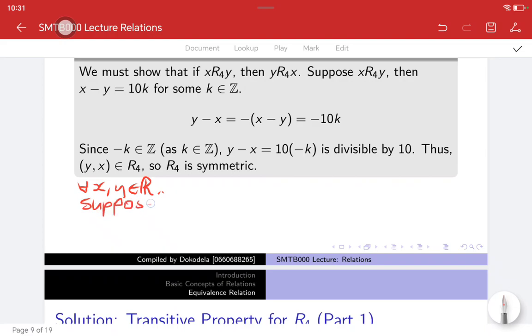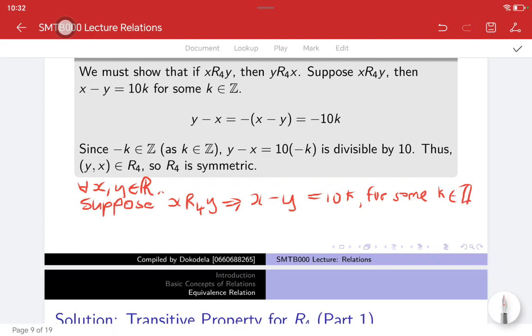And then we suppose, remember for symmetric we always suppose the hypothesis, that x R4 y, in other words, x is related to y. Then this implies, according to the definition, that x minus y is equal to 10k for some k element of an integer.